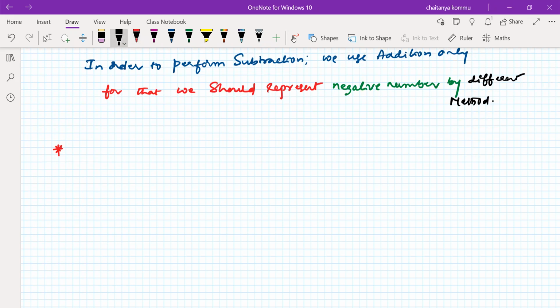So what I can write here is, to represent negative numbers, minus VE stands for negative numbers, I usually write. So please understand that. To represent the negative numbers, two approaches are there.